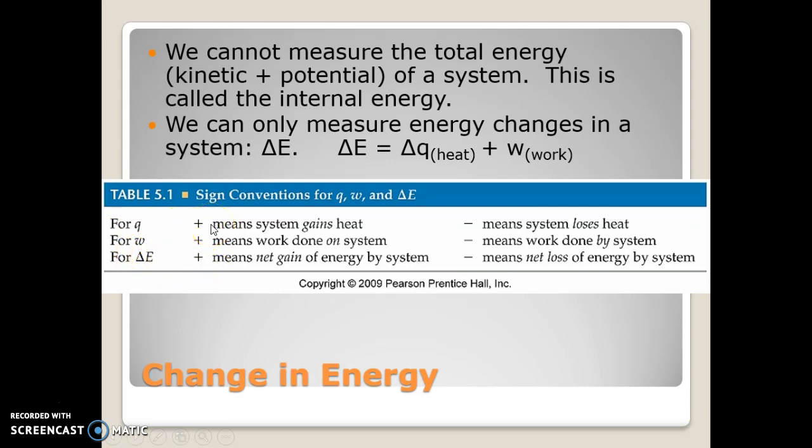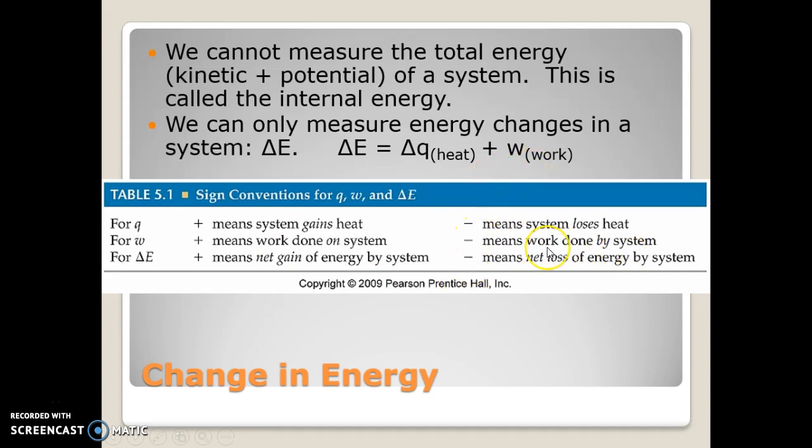If work is done on the system, now it's also increasing energy. So a plus for work being done on the system also means that the energy of the system is going to increase. However, if the system loses heat, obviously it's losing energy, and that's always associated with a negative.